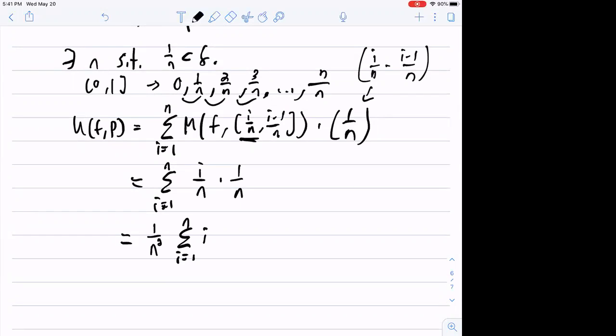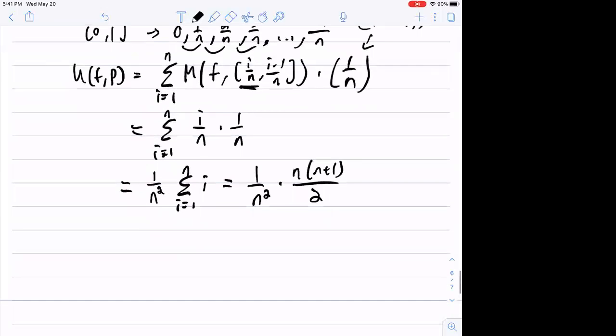Hopefully you all know, it's a famous sum: n times n plus 1 over 2. If I factor out an n, I get n squared times 1 plus 1 over n, over 2. And this is bigger than a half.